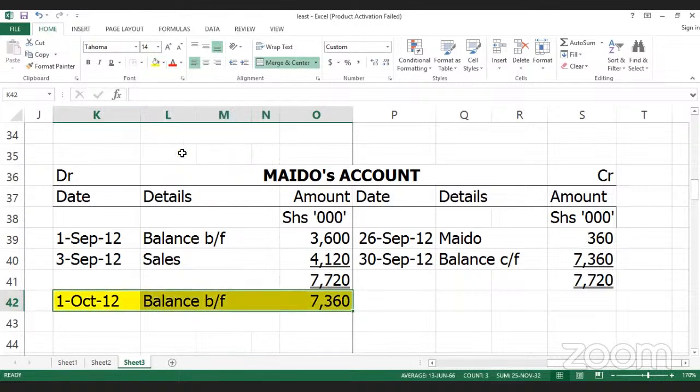Which other account are we supposed to balance? Mine is balanced, luckily.